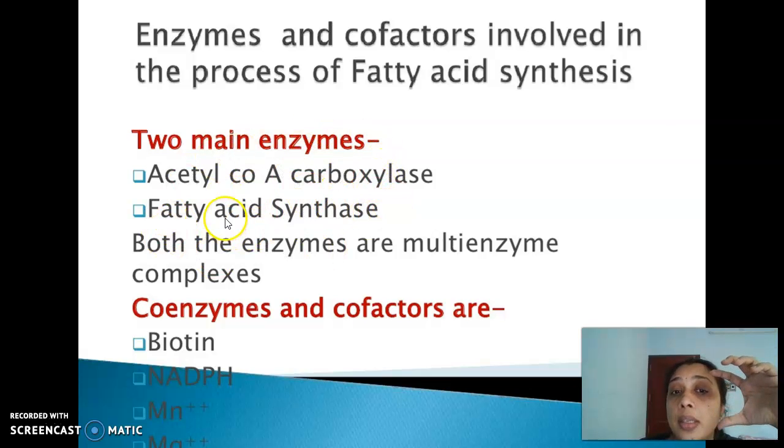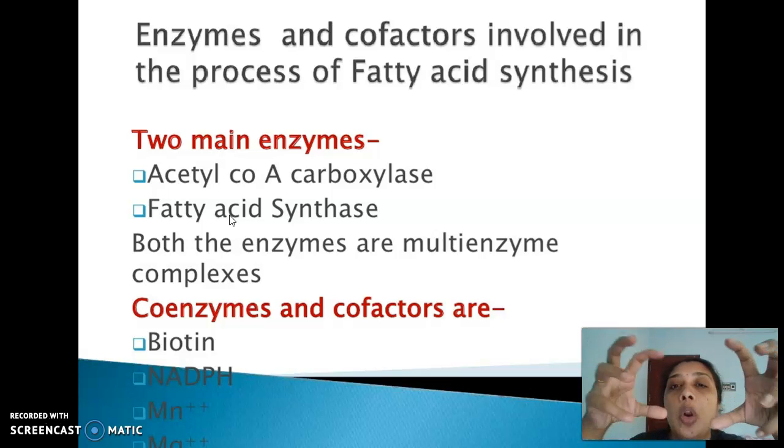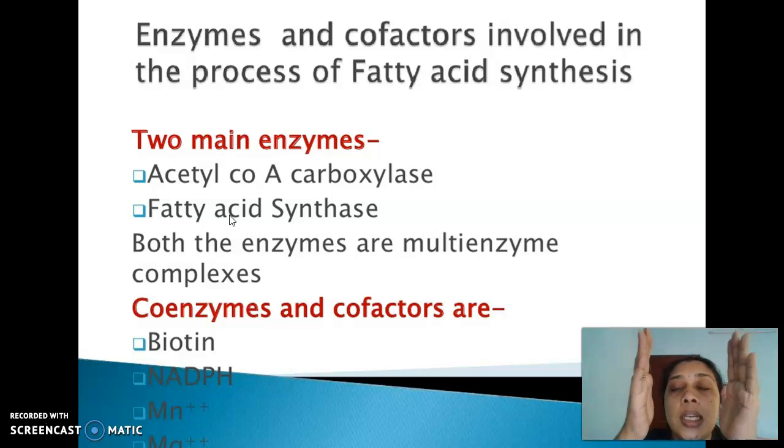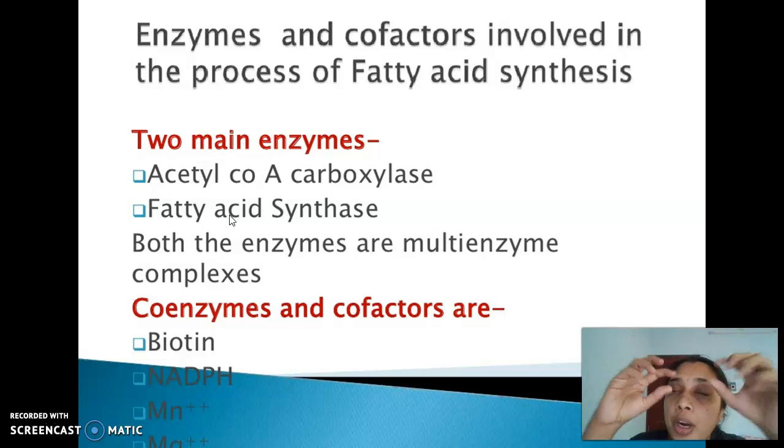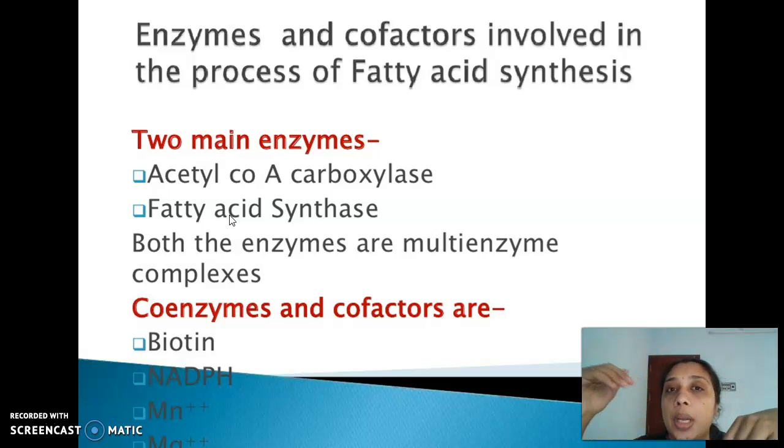And this fatty acid synthase complex, its structure itself is very complicated because it's a dimeric molecule. That is, two monomers are sitting side by side in a head-to-tail fashion. That is, the head of one monomer is facing the tail of the other monomer and vice versa. Clear, the tail of the first monomer will be facing the head of the second monomer.